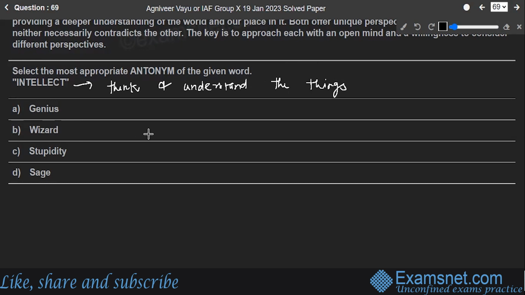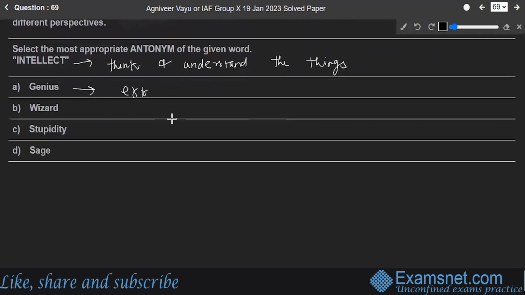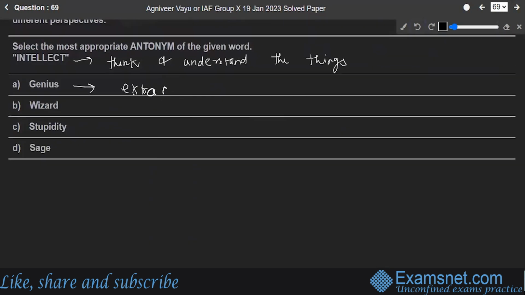So let's see. Genius is a person who is extraordinarily intelligent. Then is wizard. It's a person who is skilled or expert in a particular field.